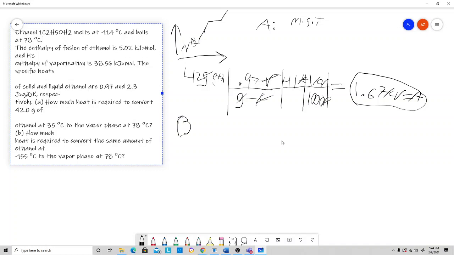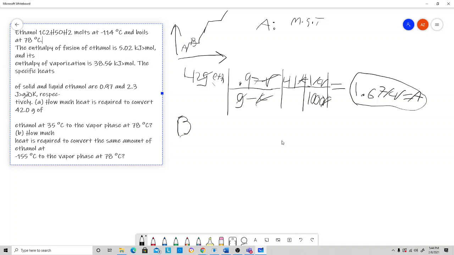Okay, so because of that, we need the heat of fusion, and they give us the heat of fusion. Sorry, the heat of fusion of this phase change is right here, 5.02 kilojoules per mole.